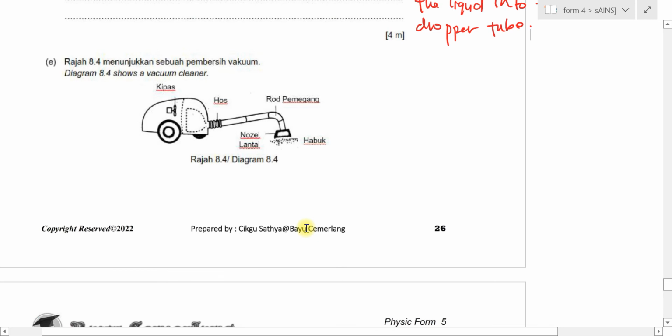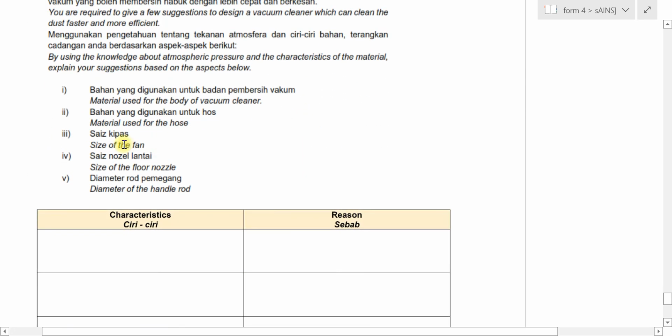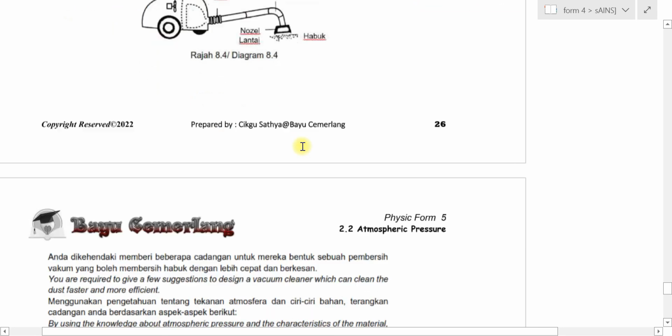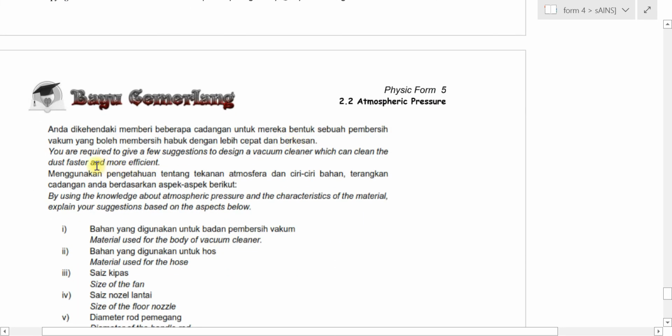Section C, the essay. So we have a fan, hose, rod pemegang. Rod pemegang is the handle rod, and then the dust here. You are required to give your suggestion to design a vacuum cleaner which can clean dust faster and more efficiently.